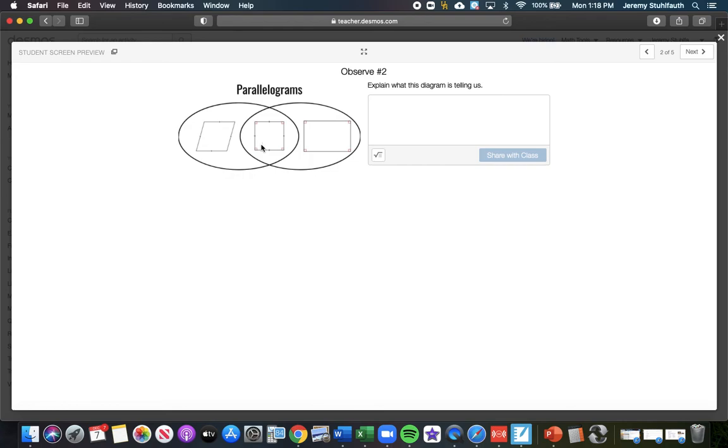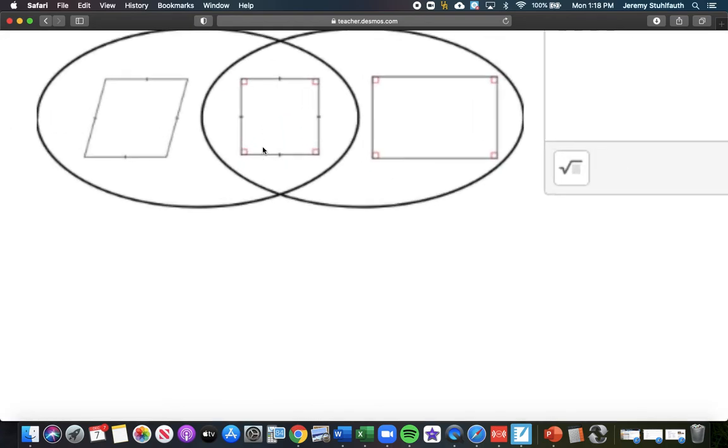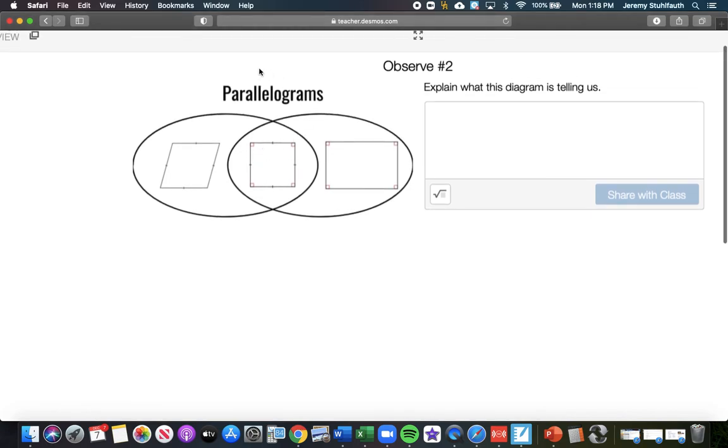What you'll see about this Venn diagram is that we have the word parallelograms. All three of these shapes that we're talking about, squares, rhombuses, and rectangles, are parallelograms. And inside of this Venn diagram, you'll notice that there's an overlapping region. And so what does this diagram tell us?